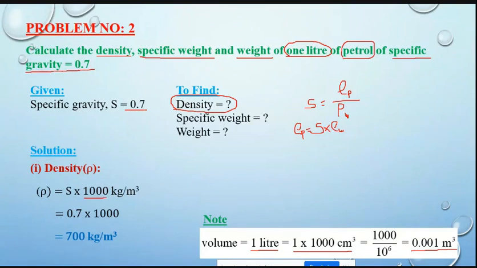The next thing that we have to find is specific weight. What is the formula? Specific weight is equal to density into gravity. Here it is density of liquid, so you should not use density of water.